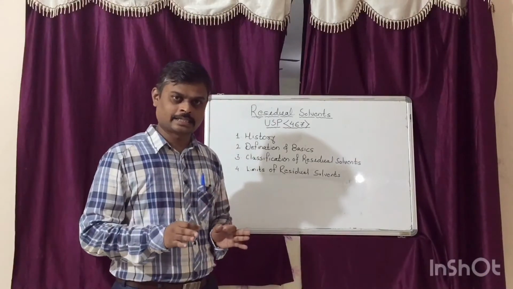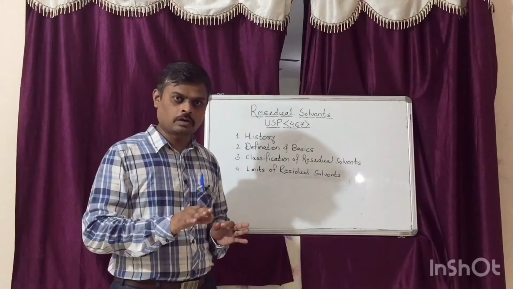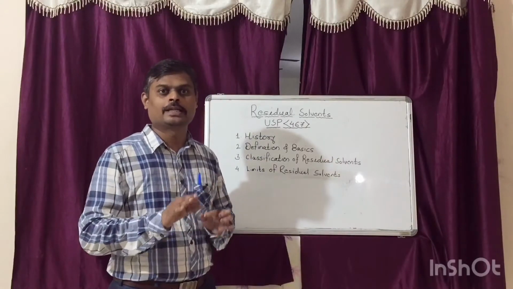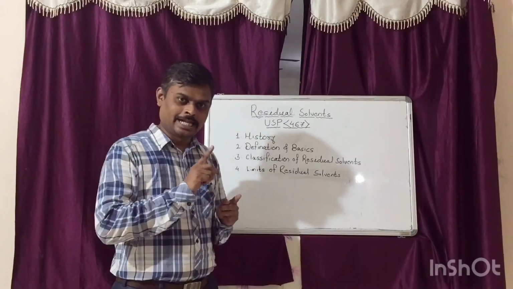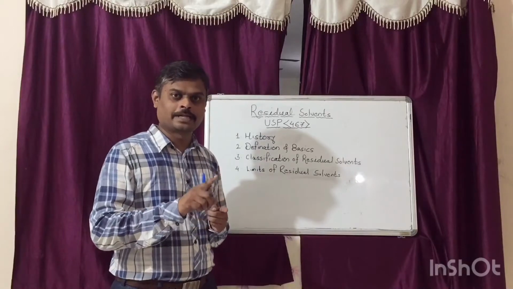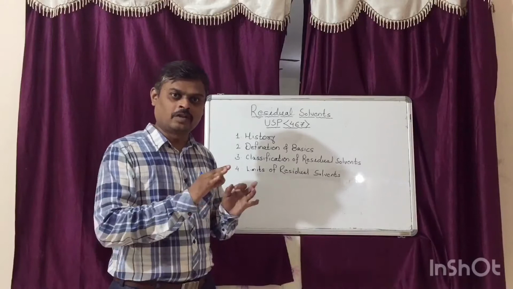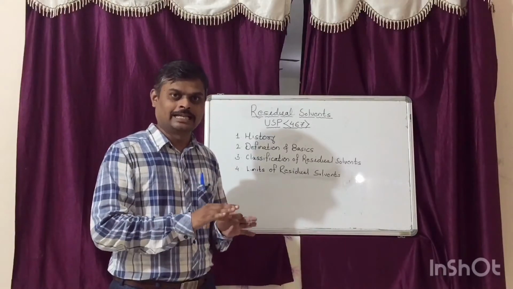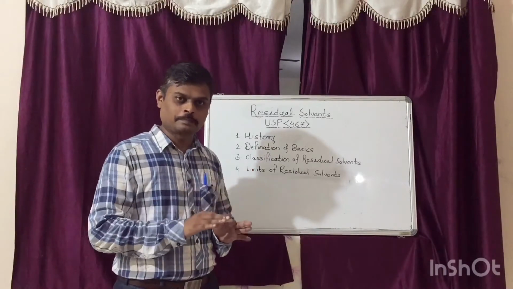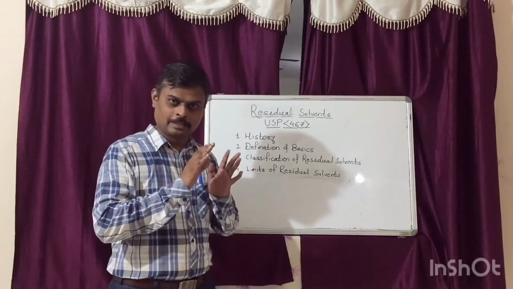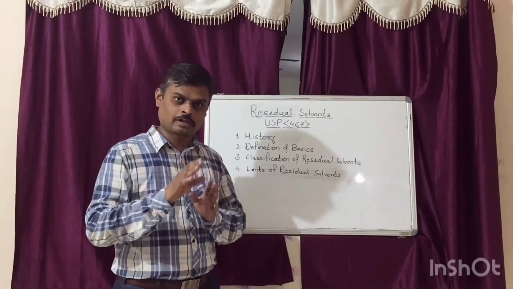In these cases, option 2, the second option, is to be followed, that is testing the material for residual solvent when the manufacturing process requires the use of solvents for synthesis or purification.